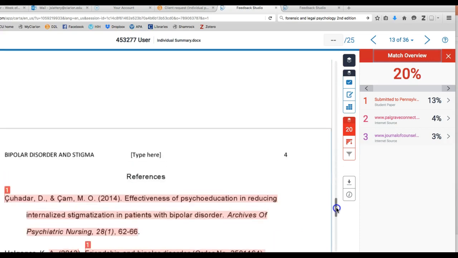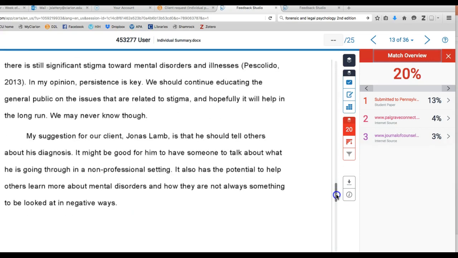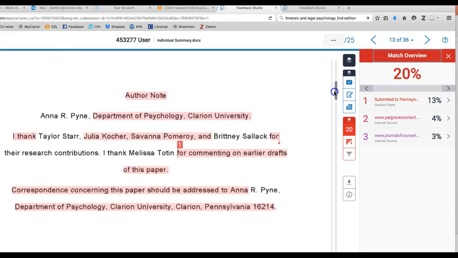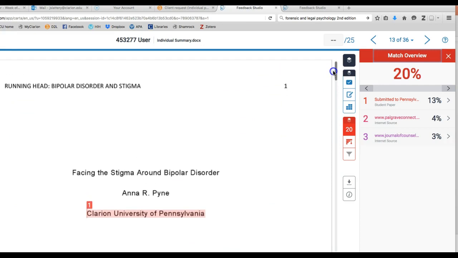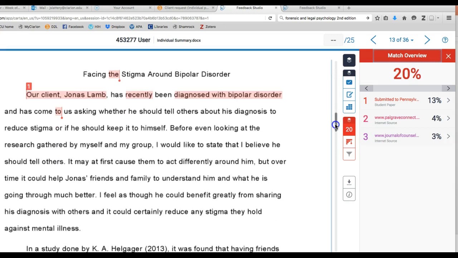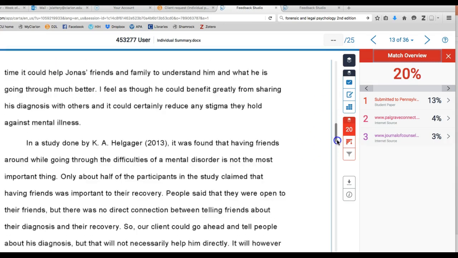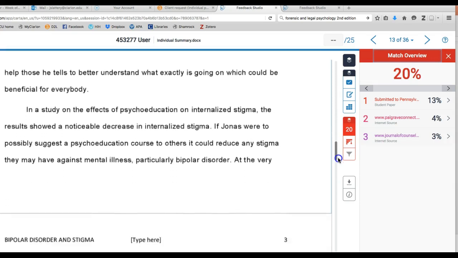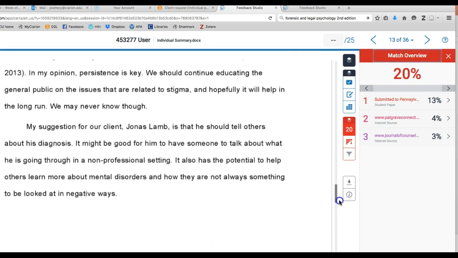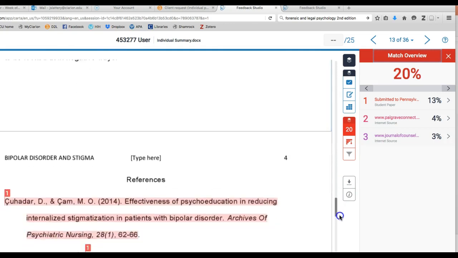So really, both as a faculty member and as a student, I look at Turnitin as my friend. If this were a really problematic paper, we would see all sorts of things highlighted through here. This is a pretty clean paper, at least in terms of Turnitin.